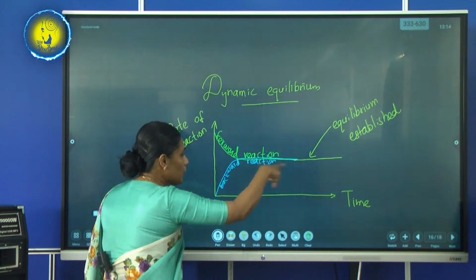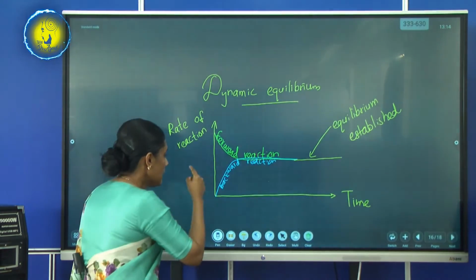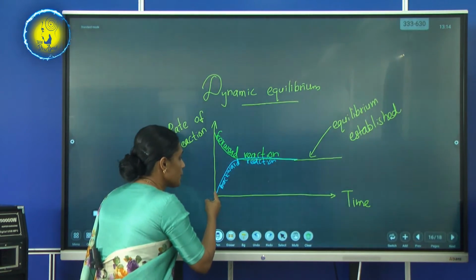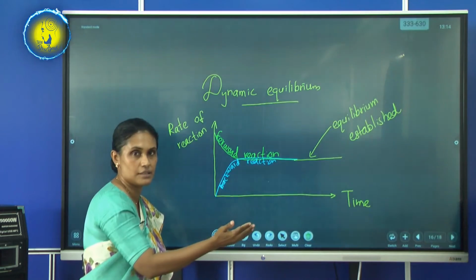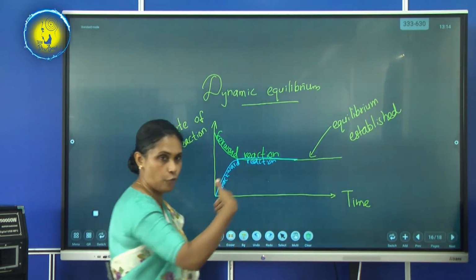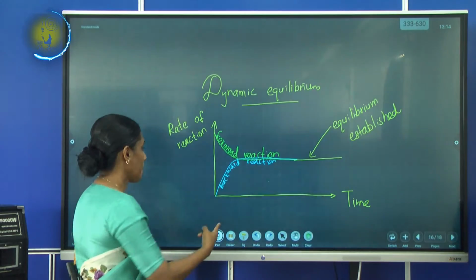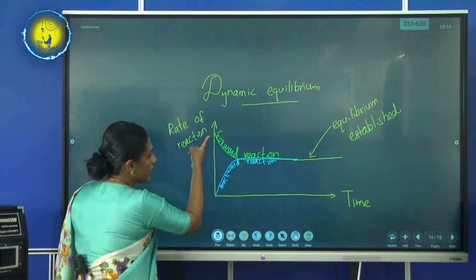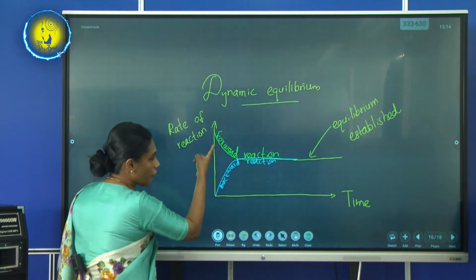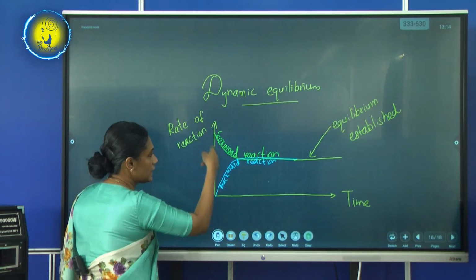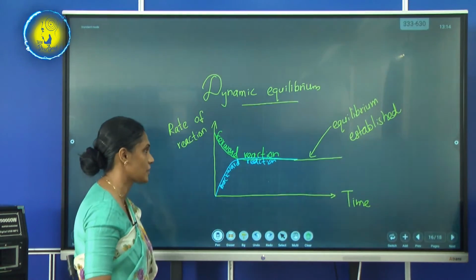You can see the blue curve. The blue curve shows you the backward reaction, and the green curve represents the forward reaction.